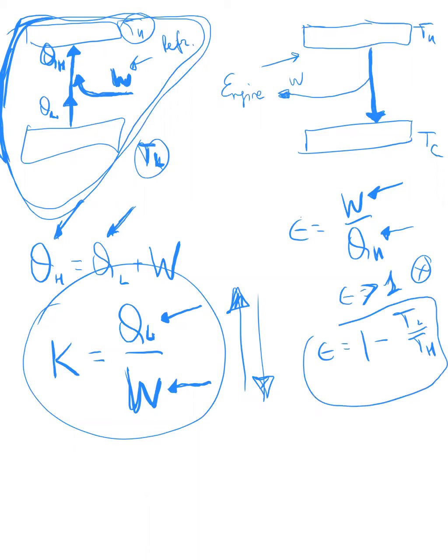Is there a similar formula that restricts how well a refrigerator can work, is the question. And the answer is yes, there is a pretty similar looking formula. The maximum possible coefficient of performance of a fridge cannot be more than temperature low divided by temperature high minus temperature low.